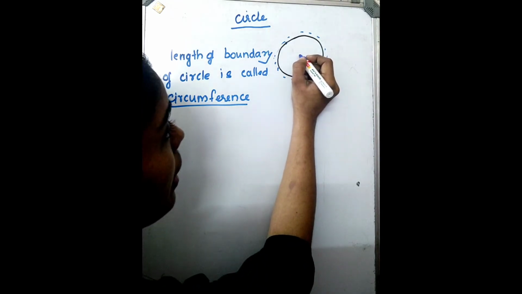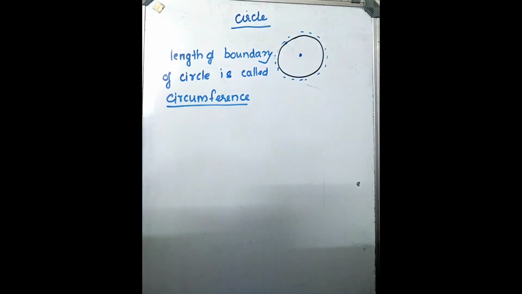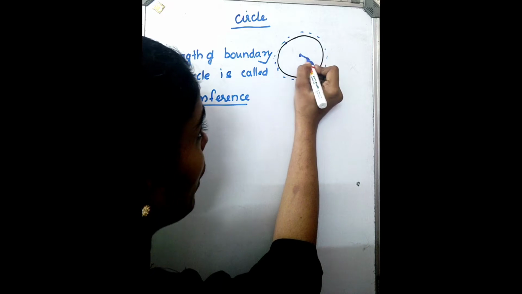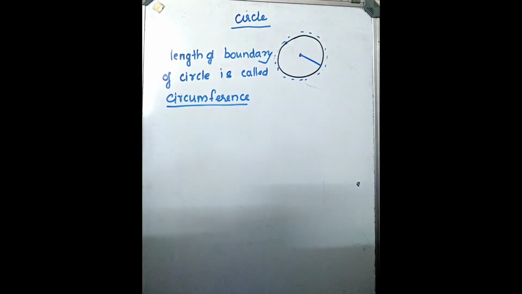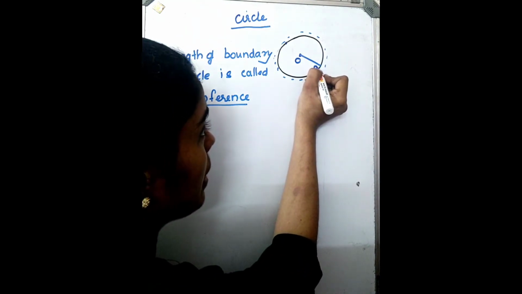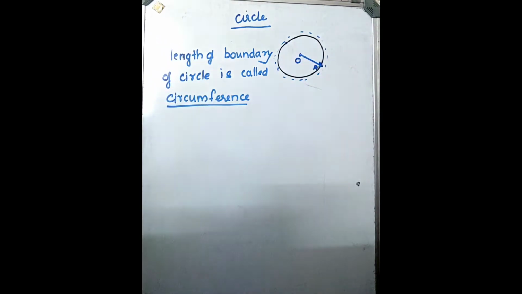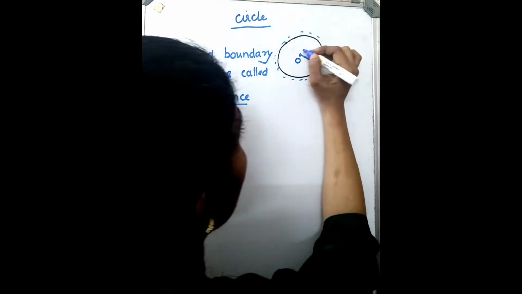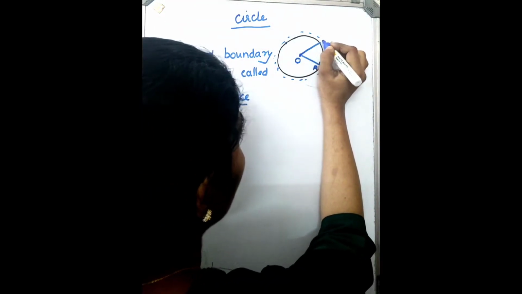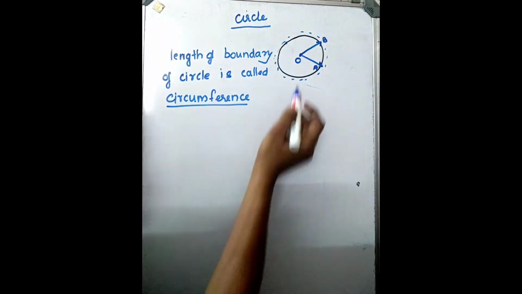Look here. I draw a point at the center of the circle. Now I draw a ray towards the circumference. I named the center O. This is A, the ray OA. I draw another ray, ray OB.